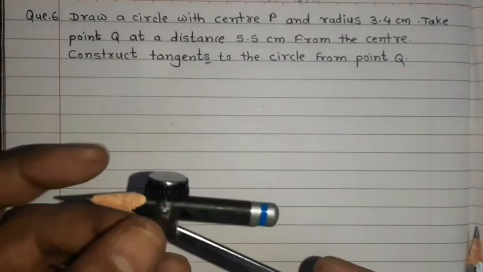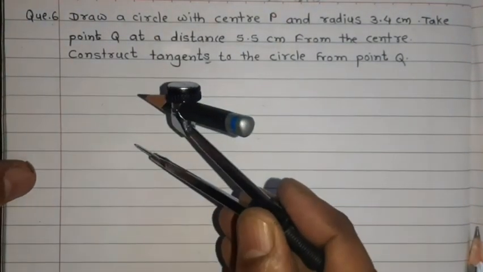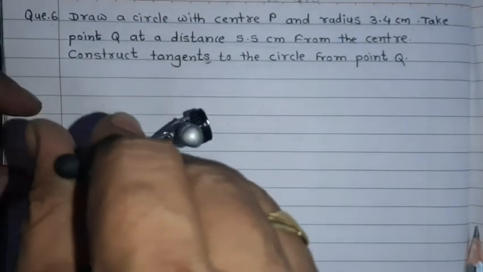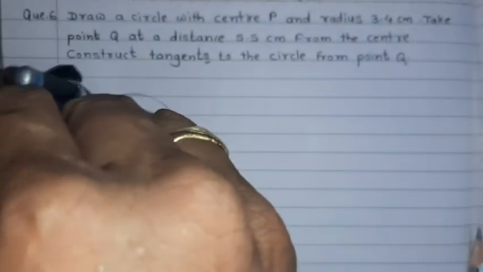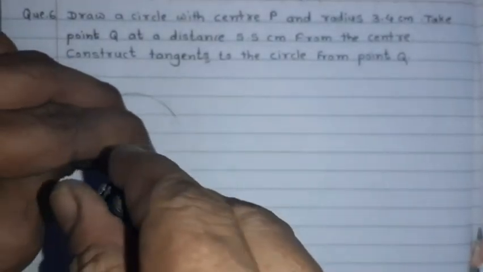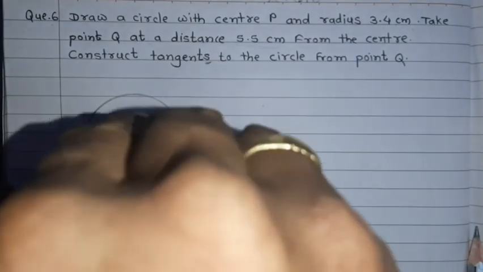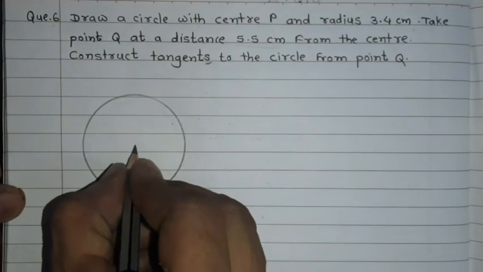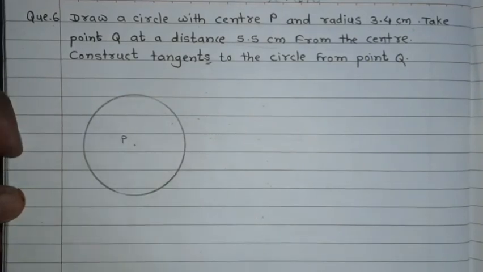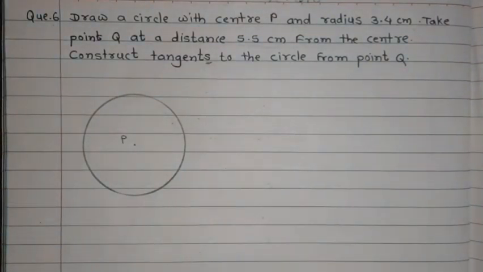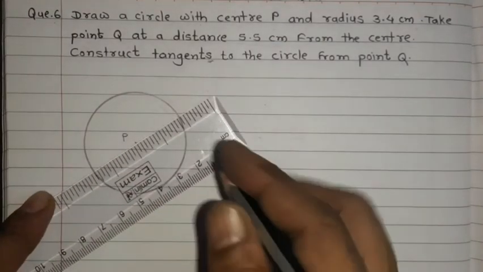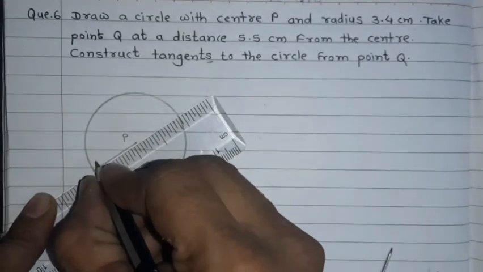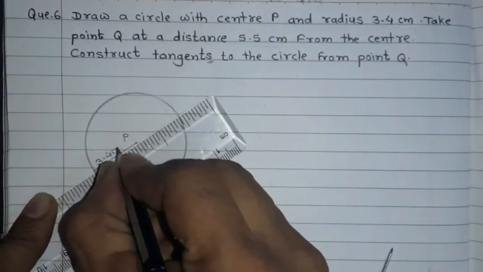Let's see the first analytical figure. We have to draw a circle of given radius. This is the circle. Point P is the center of the circle and the radius is 3.4 cm.